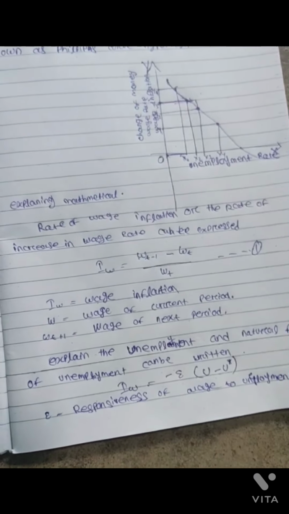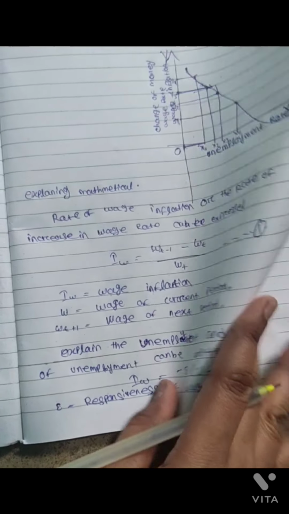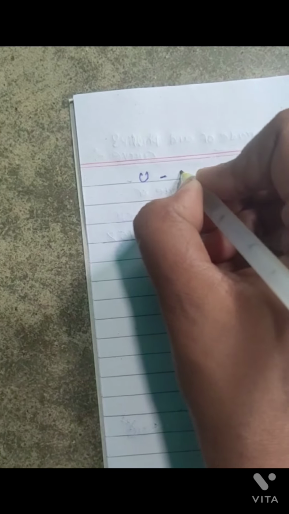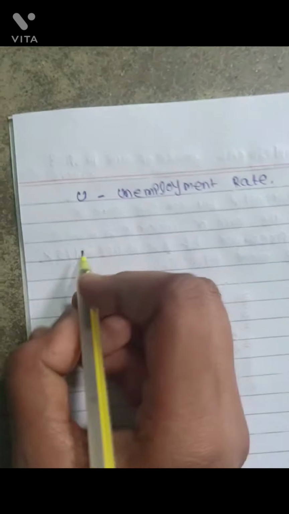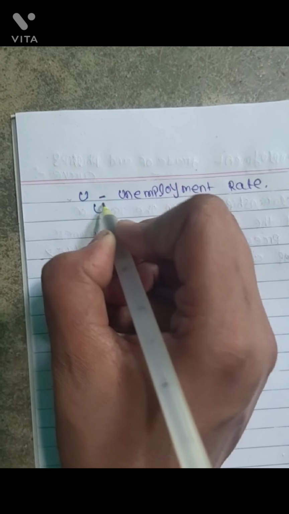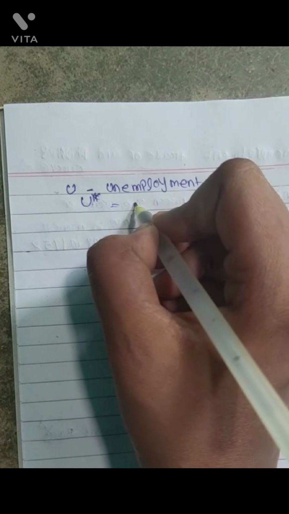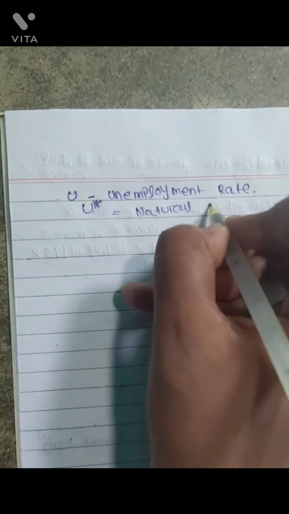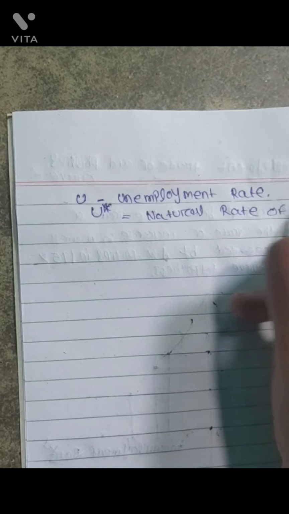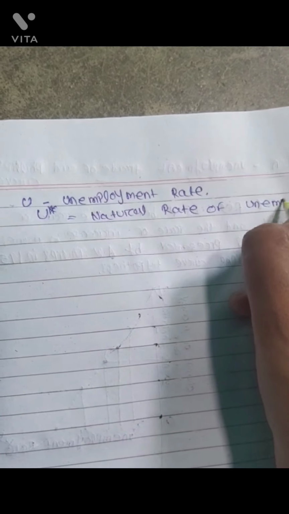U means unemployment and U star means the natural rate of unemployment.